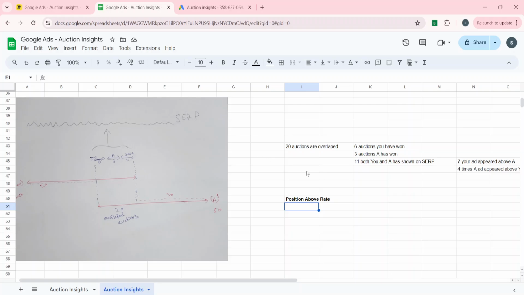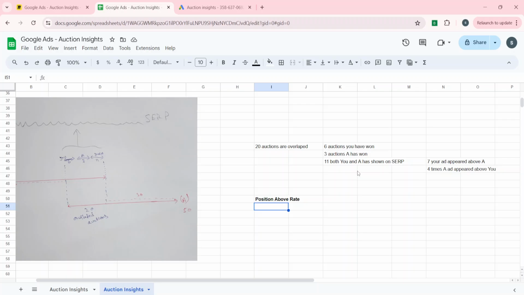Okay, so in our example here, we have discussed it, right? Advertiser A has an overlap rate of 29%, where he has shown ads 11 times along with us. Out of those 11 times, in our example, 4 times advertiser A had shown his ad above us. Okay, you are getting me right? So now what will be his position above rate? He has shown ads above us 4 times out of 11.